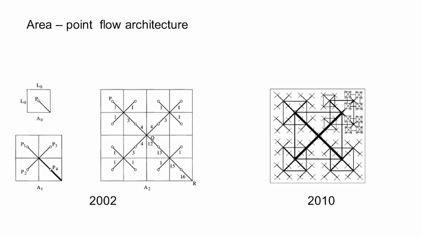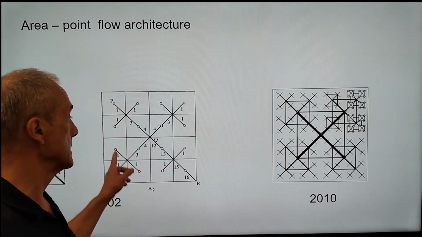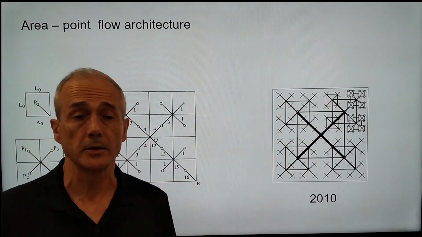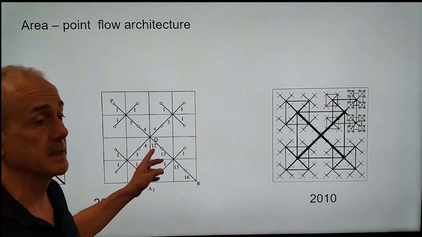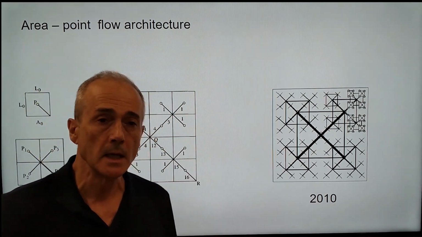A second example is the idea of how to evacuate water, or a fluid, out of an area to one point. In this case, the area is a square. You can imagine this as being the plane on which rain is falling uniformly.